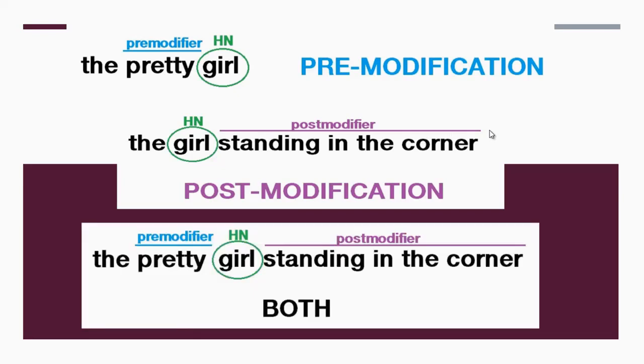And finally, we have an example where our head noun girl has a pre-modifier and a post-modifier. As you may have seen, some elements accompanying the head noun are optional. However, some elements are essential and obligatory to identify the head noun. We're going to talk about this in further videos.